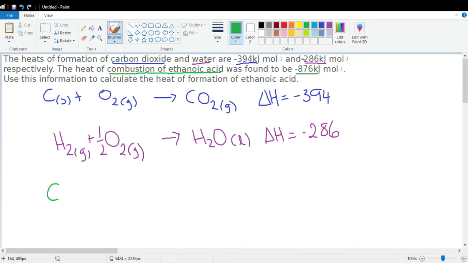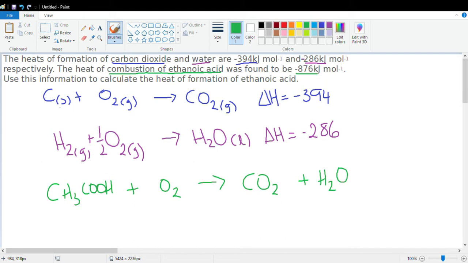So we're going to have CH3COOH plus oxygen. And we know that when we burn a hydrocarbon, our products are assumed to be carbon dioxide and water. They nearly always are, and that's all you'll be expected to know at leaving cert level. So that's ethanoic acid burning in oxygen to give carbon dioxide and water.